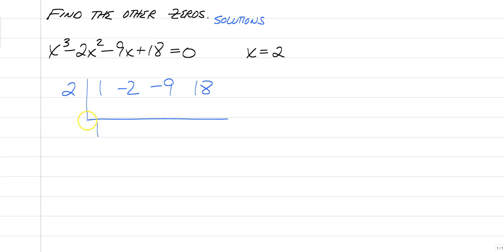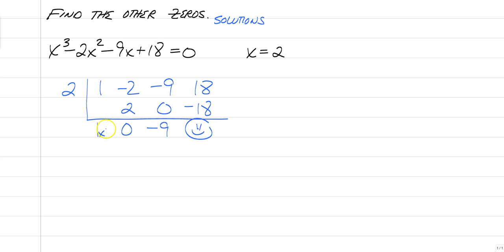Bring down the 1. 2 times 1 is 2. Add those together, you get 0. 2 times 0 is 0. Negative 9. 2 times a negative 9 is negative 18. Hooray! No remainder. So that is a factor.